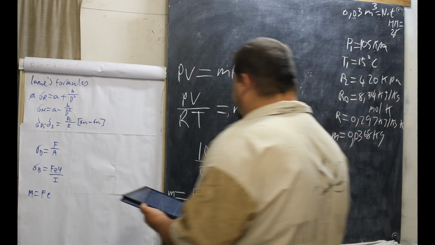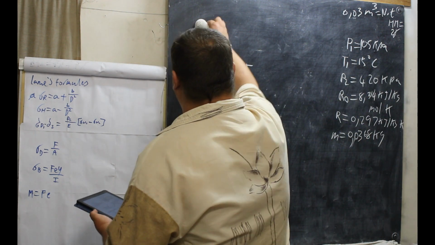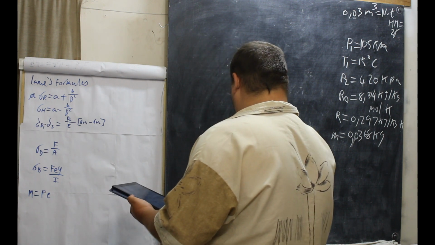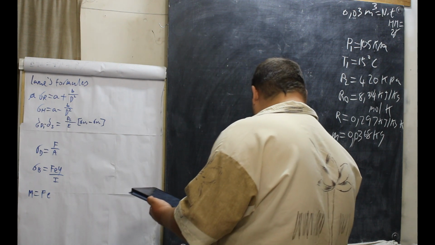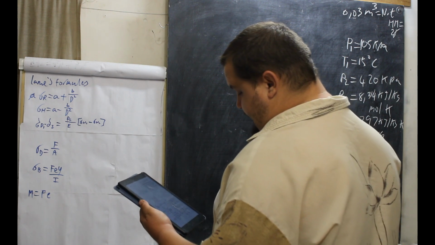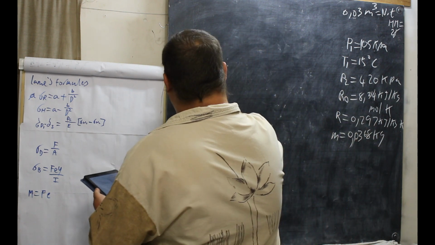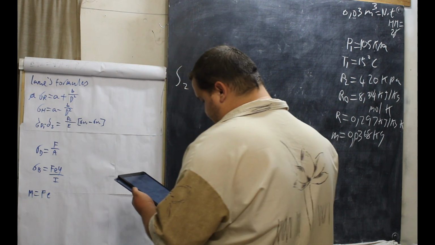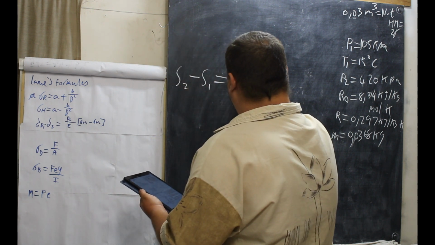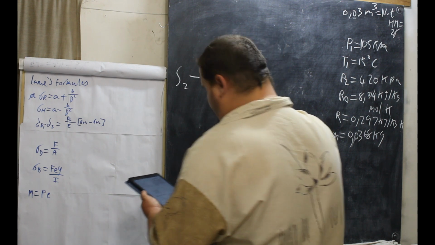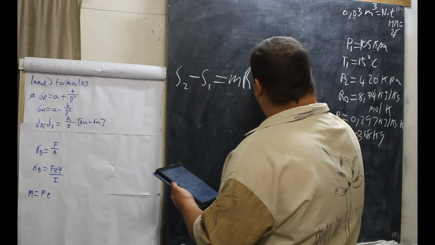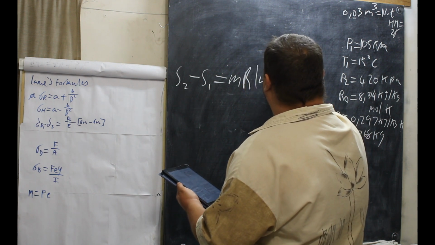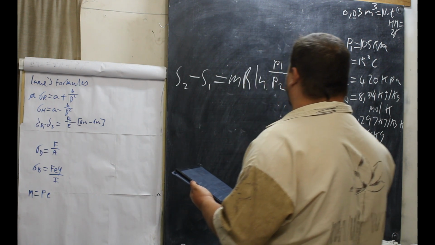Now what we're going to do is work out the next scenario. And our next scenario states S2 minus S1 is equal to small m R ln P1 over P2.